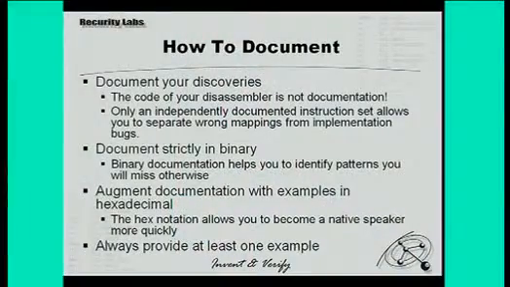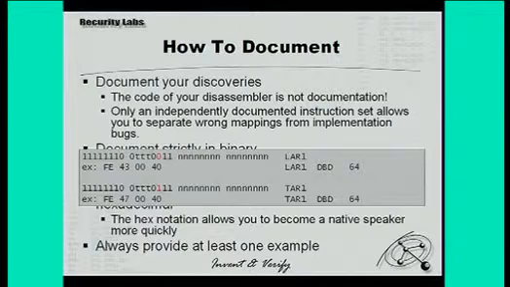Documenting strictly in binary is something that helped me a lot, and you're going to see why in a minute. And have examples. For every single instruction you write down, have an example of how it looks encoded. The reason I'm documenting this in binary is because you then start to see patterns. So here's two instructions. One is a load into an address register 1, and one is a transfer into address register 1.